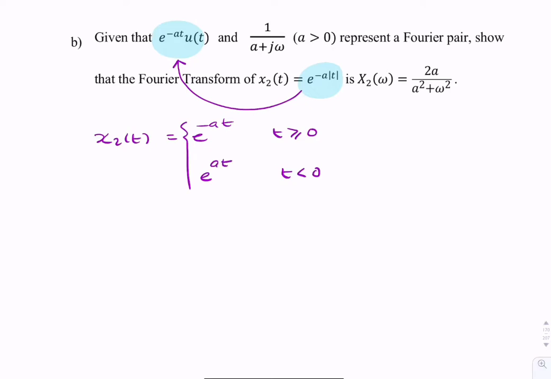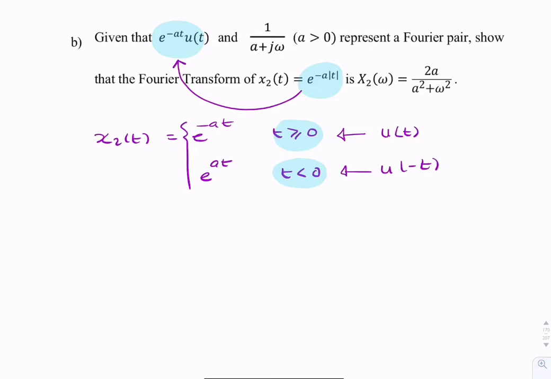Now, t is positive, we can rewrite that as multiplied by u of t. And t less than 0 is like multiplying by u of minus t. So remember, u of minus t looks like this.